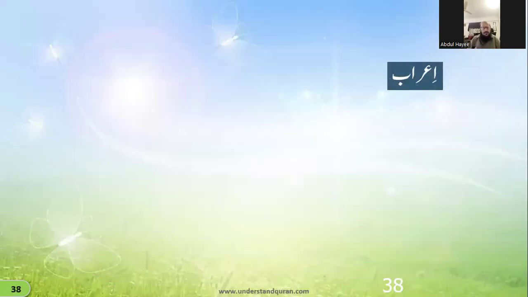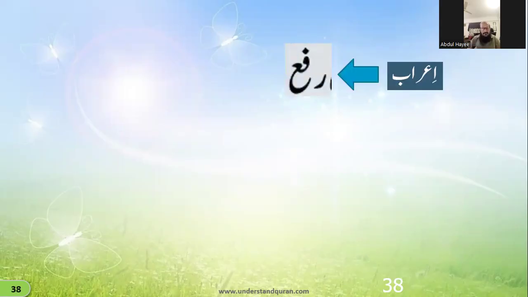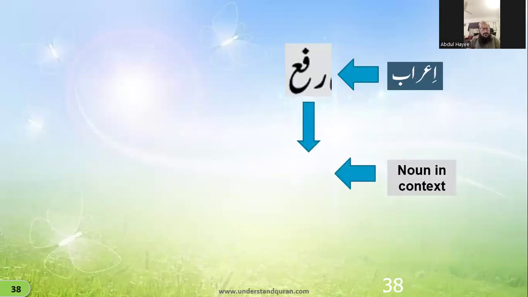Maybe double or maybe single, it does not matter. For example, when we say the i'rab is raf, the word on which this raf sign is, that is called marfu.